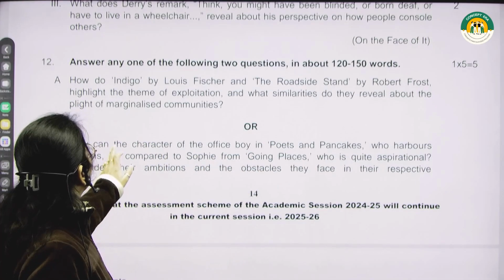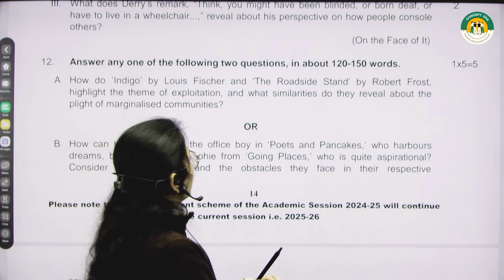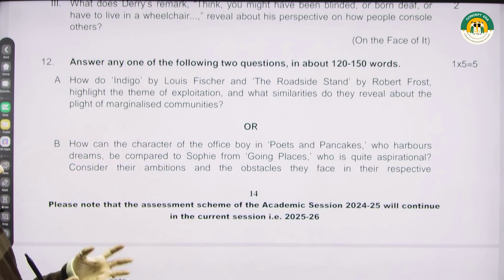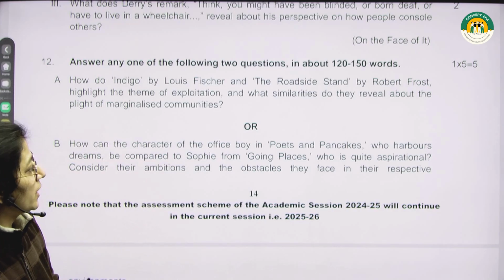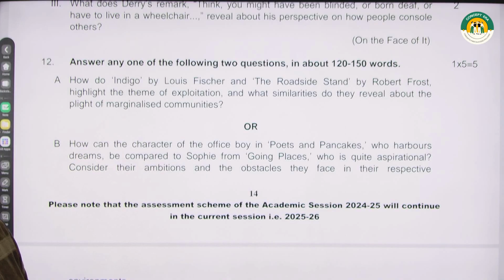How do Indigo by Louis Fischer and The Roadside Stand by Robert Frost highlight the theme of exploitation, and what similarities do they reveal about the plight of marginalized communities?